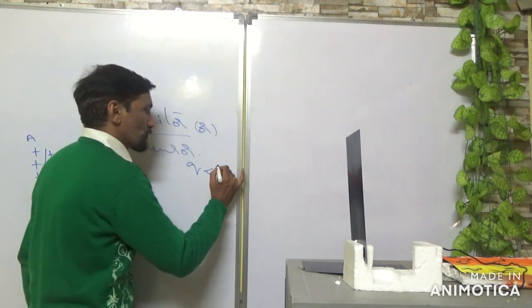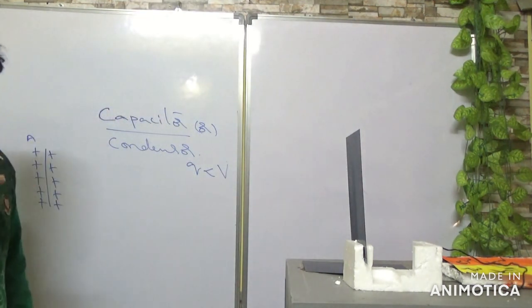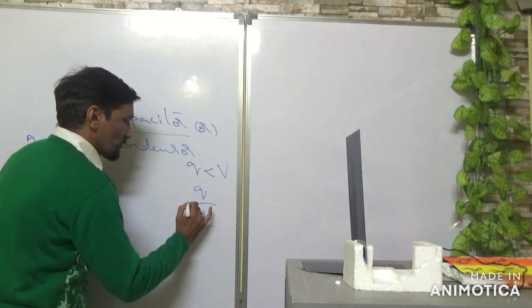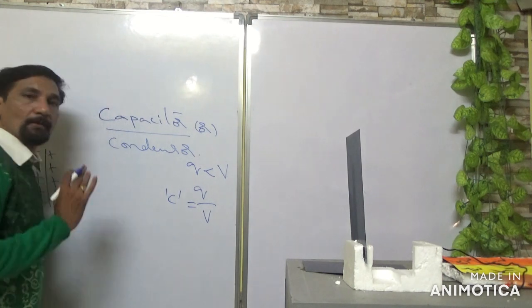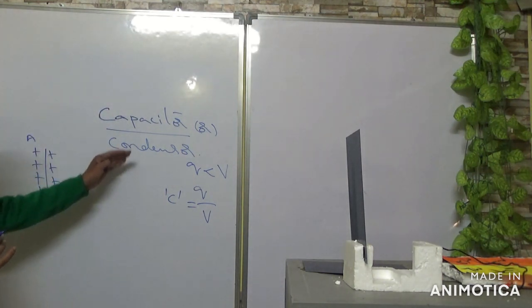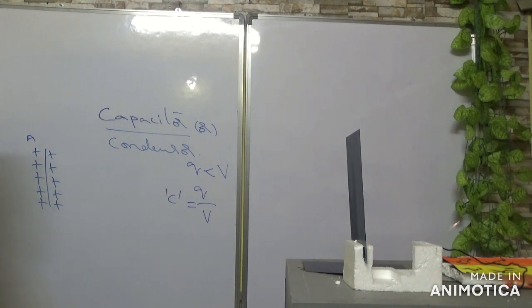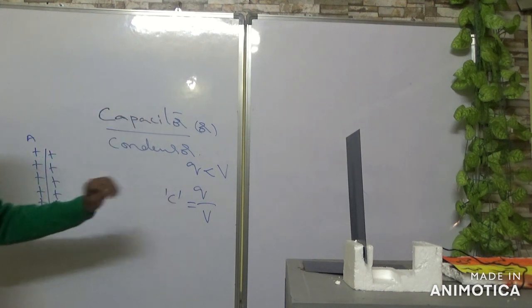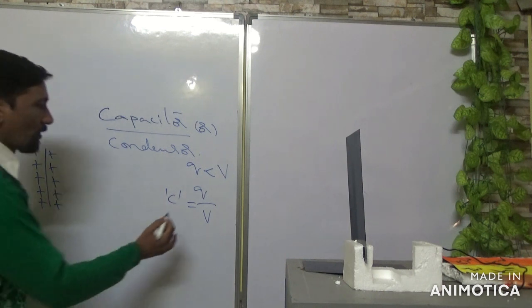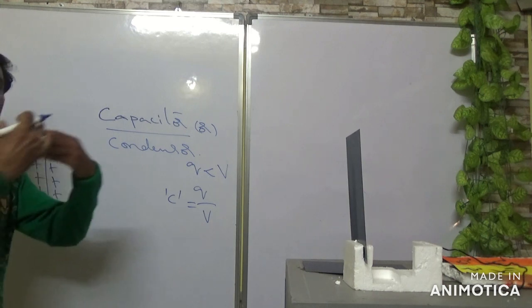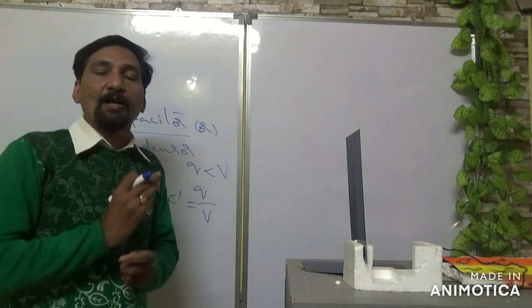So Q is proportional to V, or Q by V gives a constant called the proportionality constant, or capacitance. The capacitance C of a capacitor is defined as charge given to potential rise. The more charge you give, the more potential it will show.